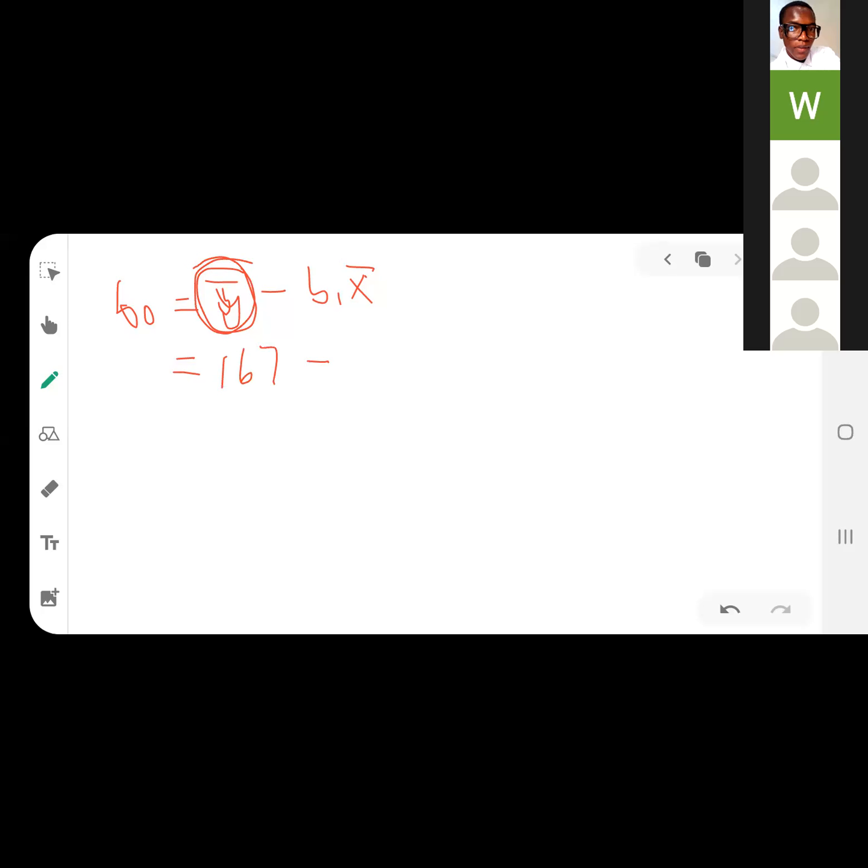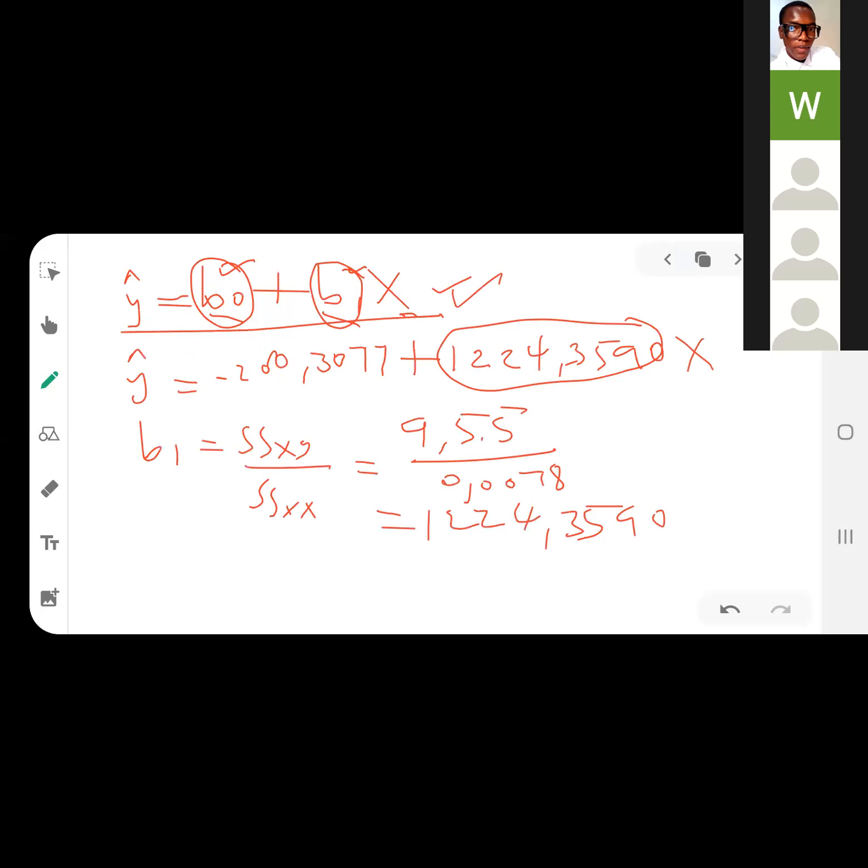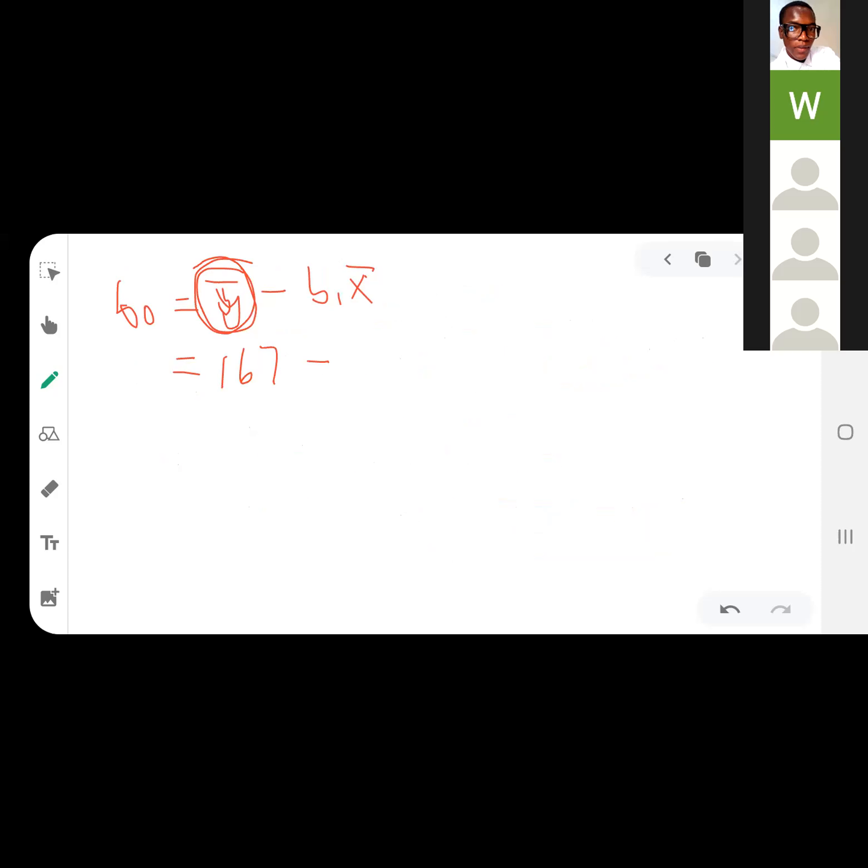Minus, we have calculated our B1. So this is the B1 that we got, 1224 point this. You multiply by your X bar. You do the same.